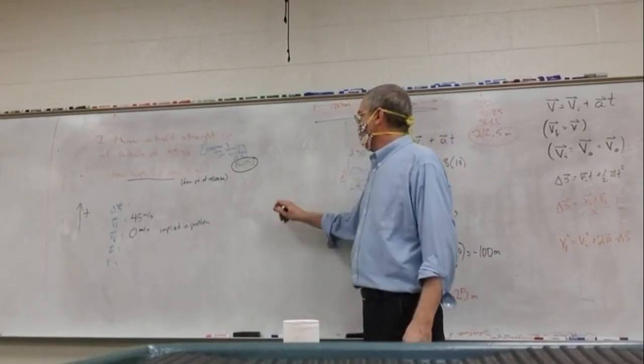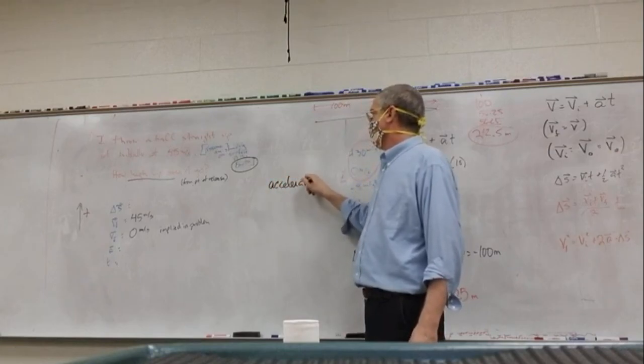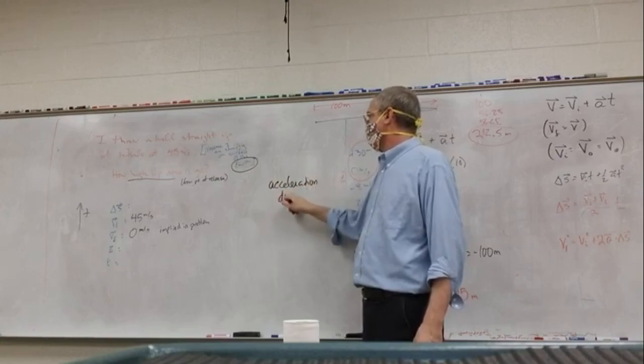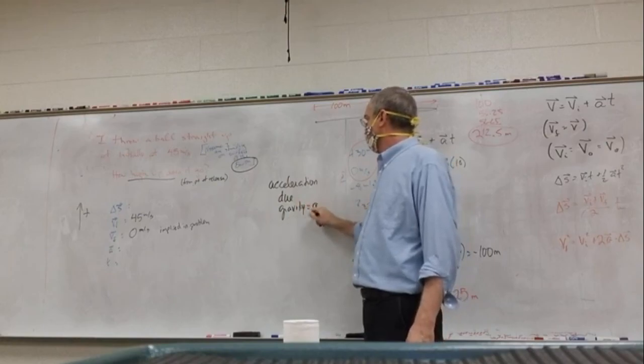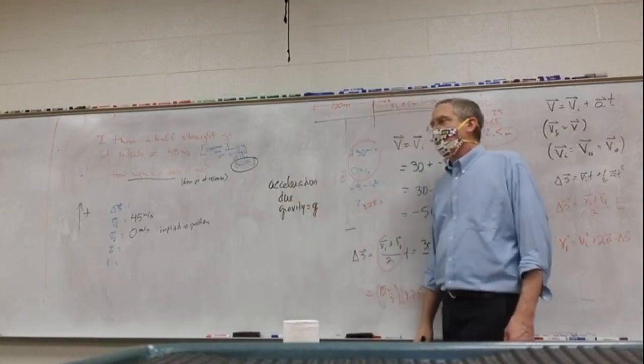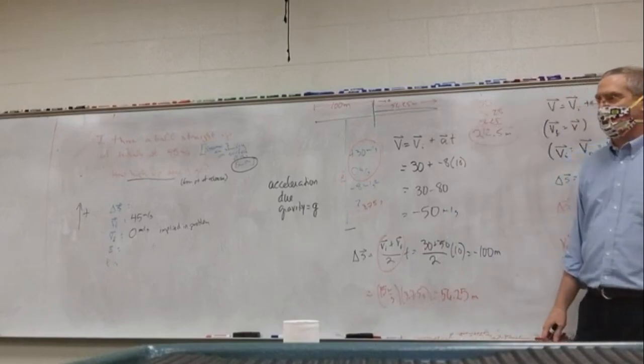The acceleration due to gravity is a special symbol. It is g. Little g. Do not use big G. That is the gravitational constant.